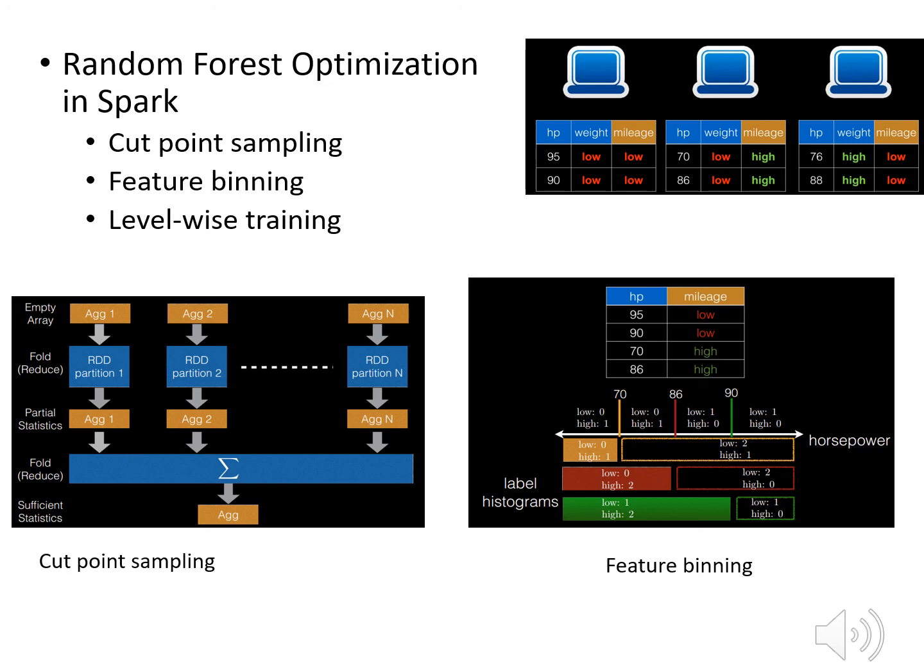So under this distributed environment, the strategy is level-wise training. This is to go through all the data and compute the statistics of the data, and after all the data in the same level is computed, then based on the features, determine whether to split and how to split the data.